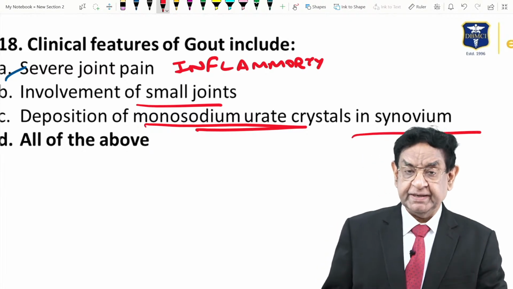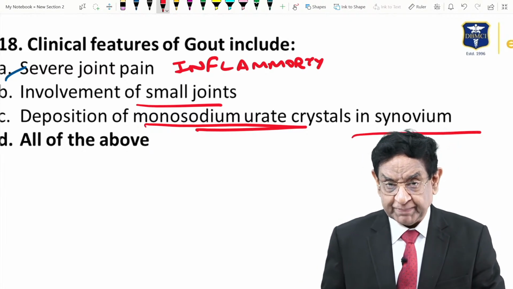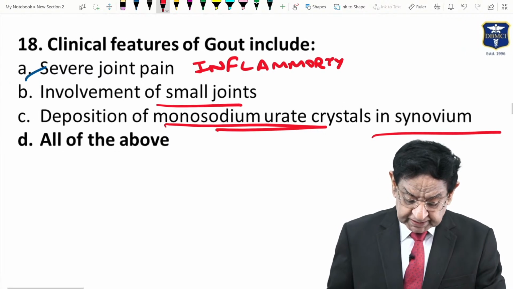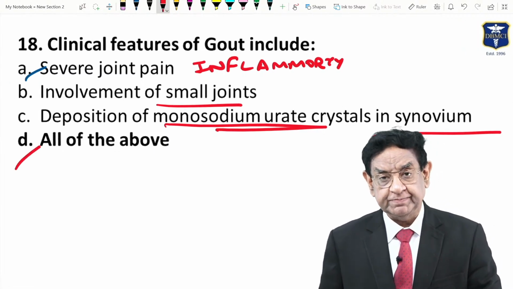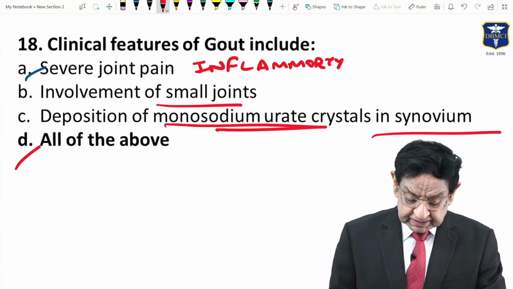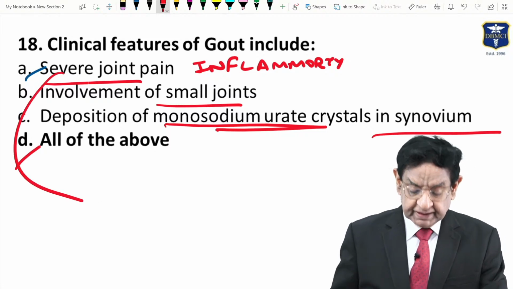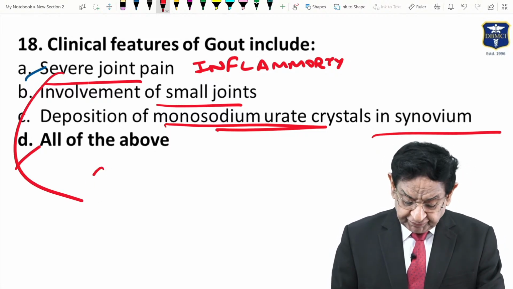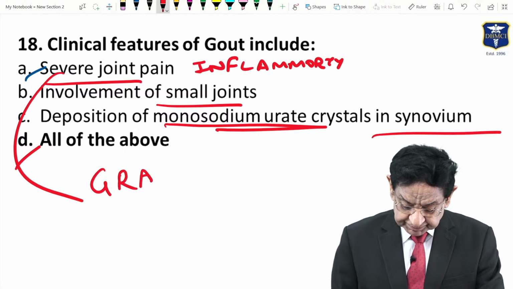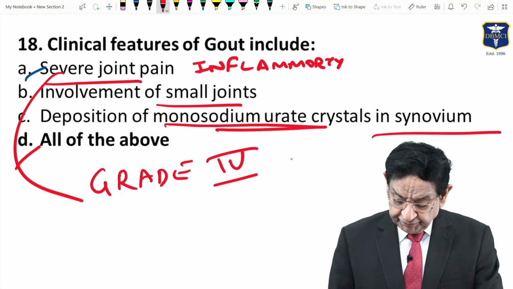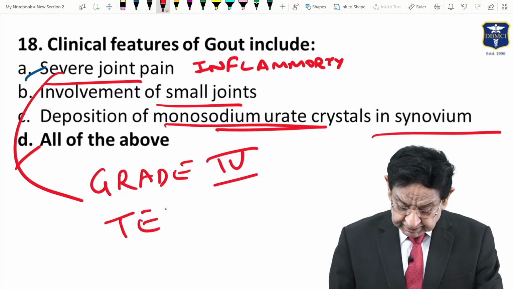The initial site of deposition is the synovial membrane, and that's why the answer is all of the above. But I have got severe joint pains. It leads to grade 4 tenderness.